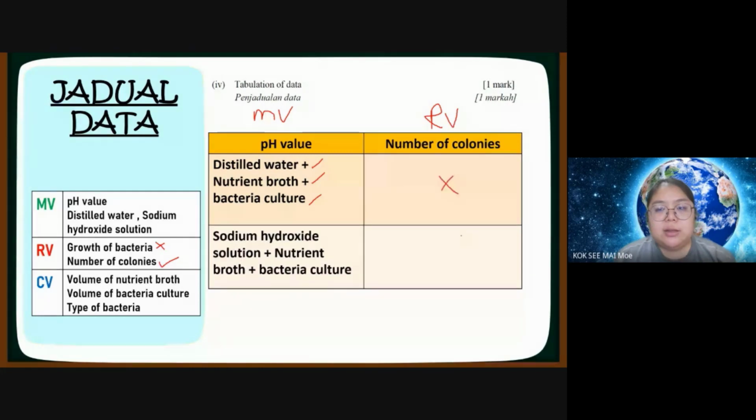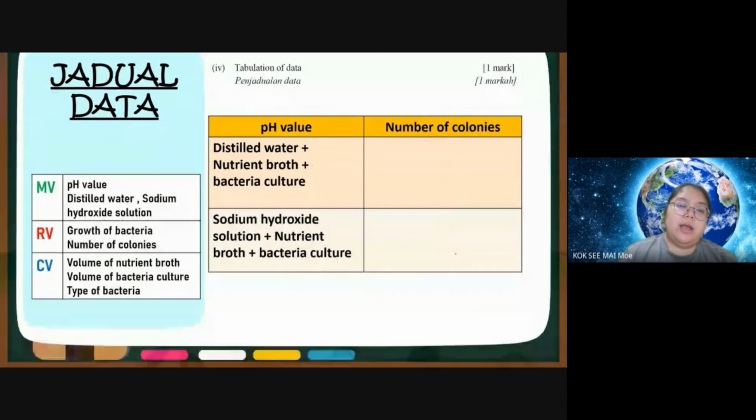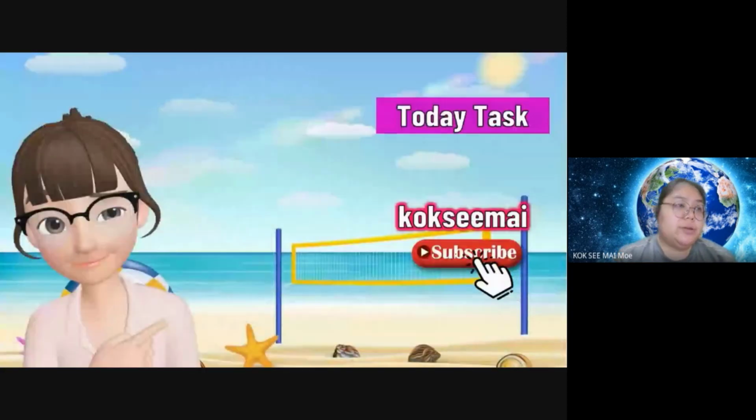You just draw the table only, then label the MV: sodium, nutrient, bacteria. Then this one is empty, no need to fill it. This is the table form for how you tabulate the data. Tabulate data must be in table form. From there, finished already.